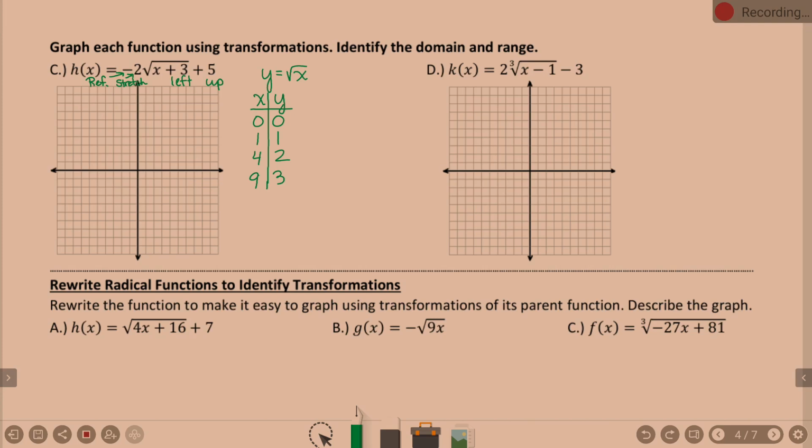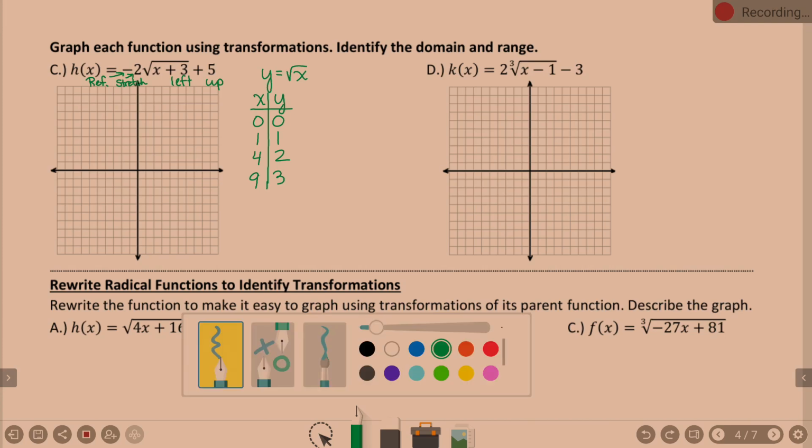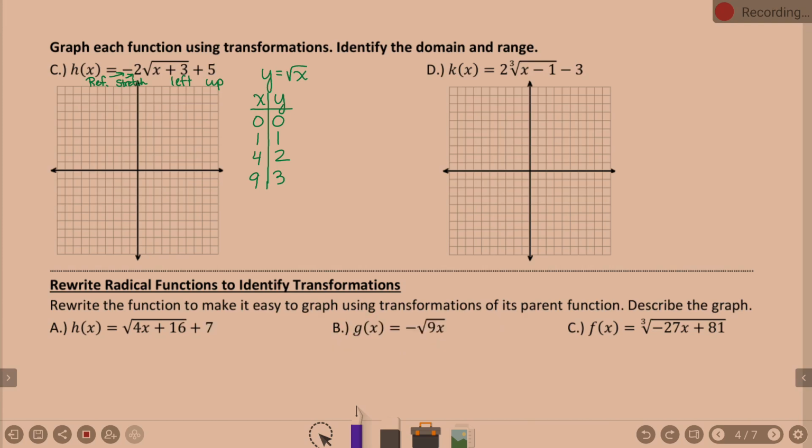Now, the easiest way to deal with the stretch, and in this case we can get the reflection dealt with too, is that reflection and stretch is multiplying by -2. It's a vertical stretch. Are x's or y's vertical? Those are my y values, right? So to do a vertical stretch and the reflection, we're going to take each of our y values and multiply by -2.